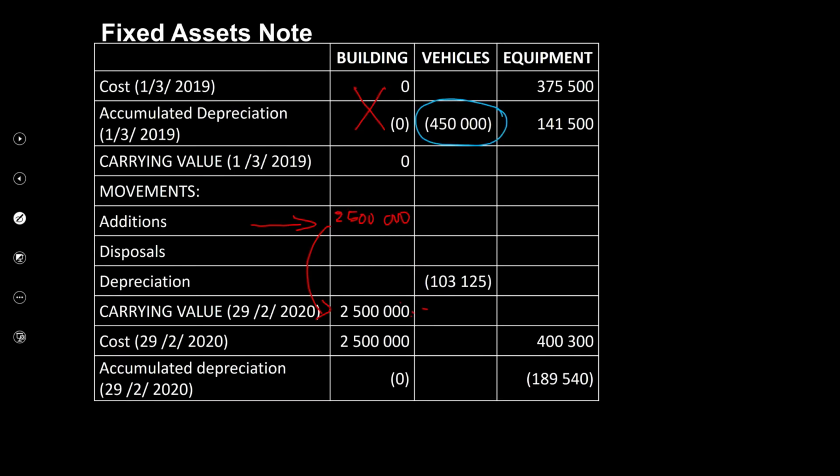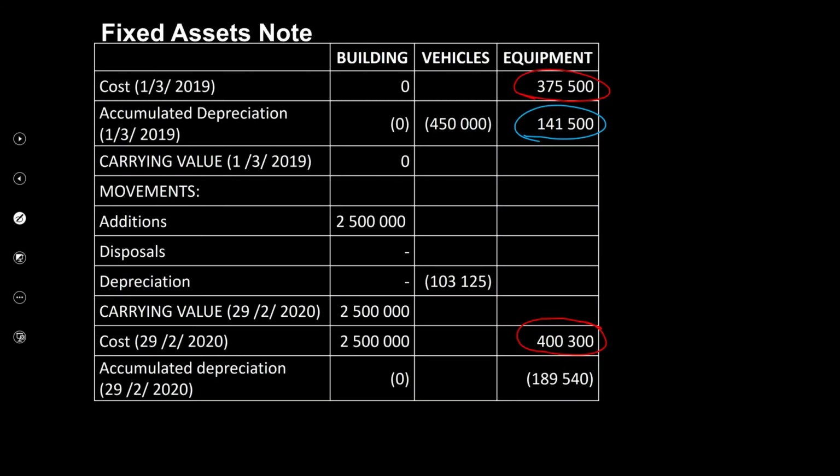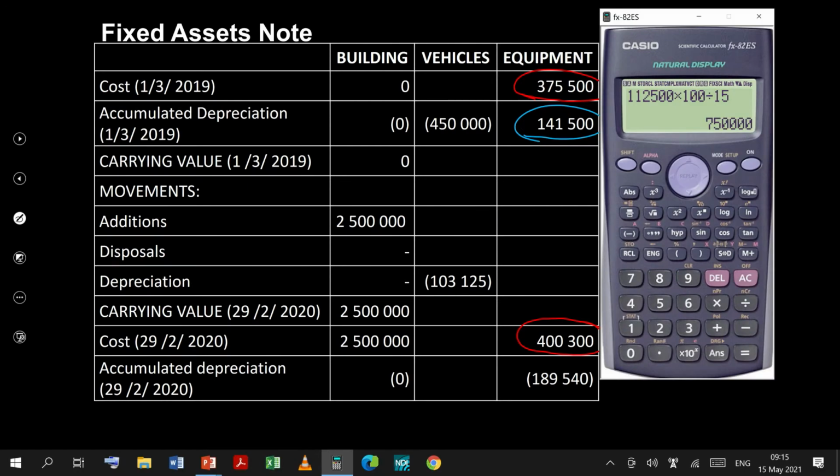So clearly, you can see here that if you take this into consideration now, you will work out that if your vehicle cost you, what did we say? 750,000 divided by 4 will give you a cost of 187,500, right?